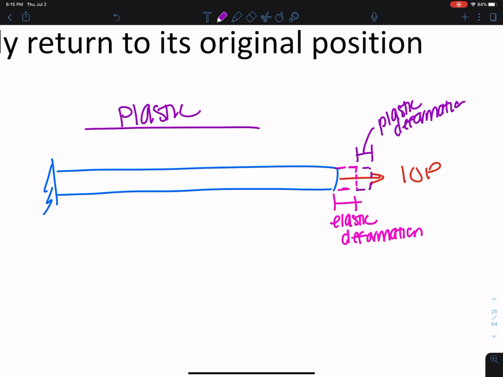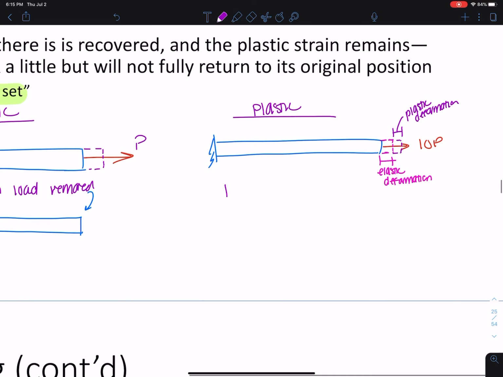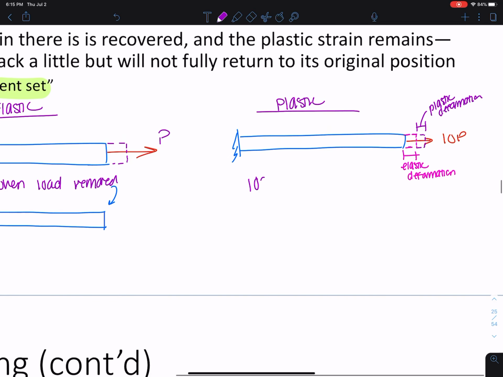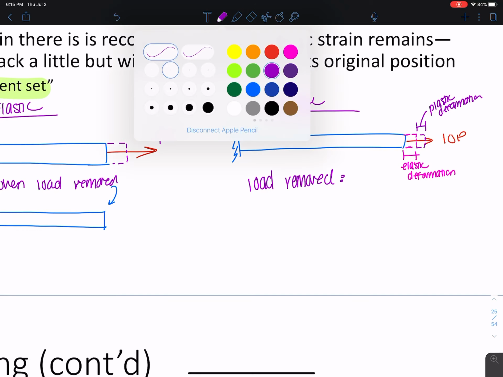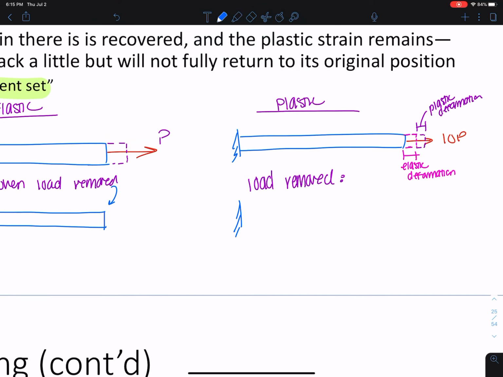Now when I remove the load, I have a permanent set. You can see here this was my initial length, and I have some permanent set here because only the elastic part recovered.